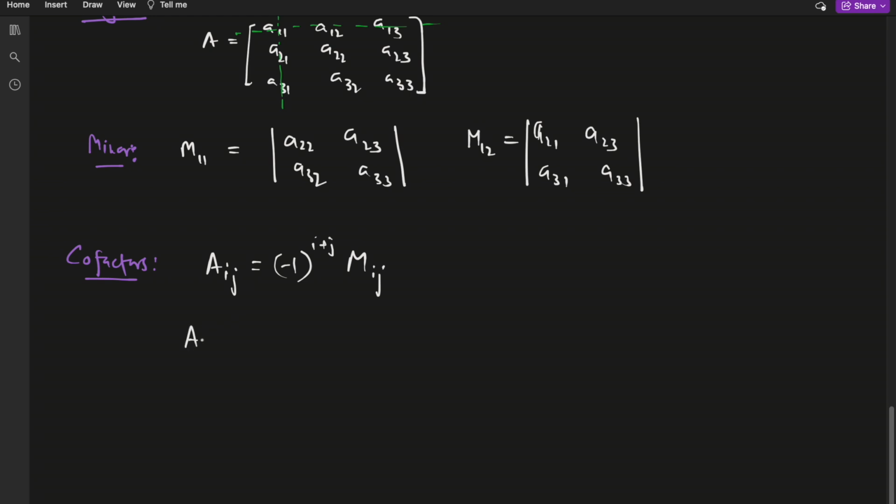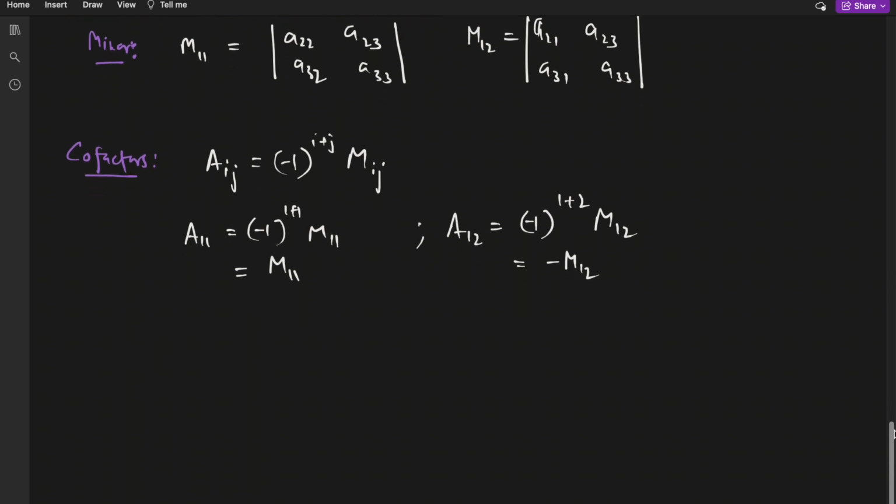For example, the cofactor of A11 is minus 1 to the power 1 plus 1 times M11. Similarly, the cofactor of A12 is minus 1 to the power 1 plus 2 times M12. So this is just M11, and this is minus M12. Similarly, you will calculate all the cofactors, and the number of cofactors is the same as the number of entries in the matrix, so there will be 9 cofactors.